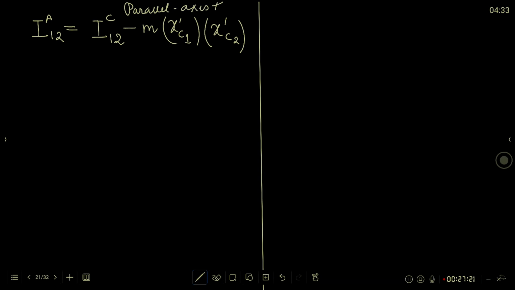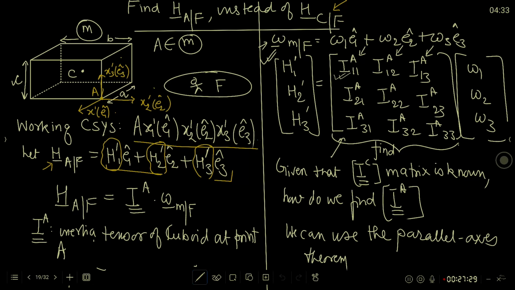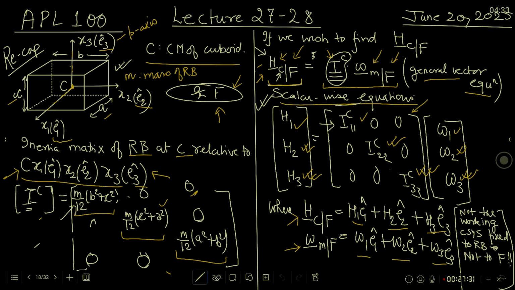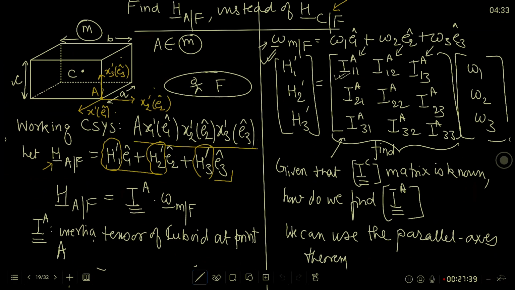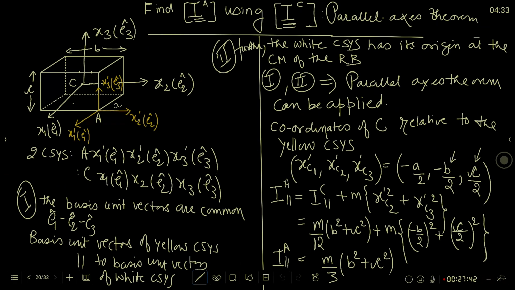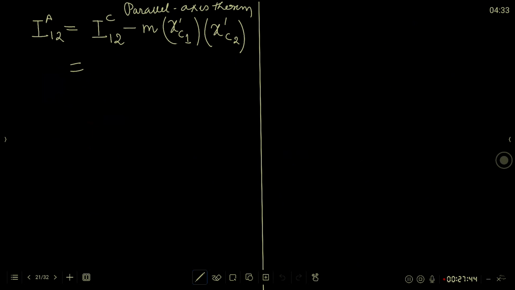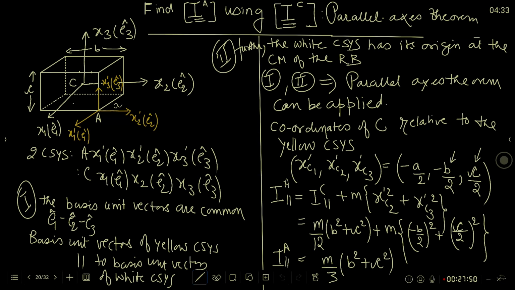What is IC12? Let's go back. IC12, which I found yesterday, is 0. That will not contribute anything to IA12. How about this? What are the coordinates of the center of mass of the body relative to the yellow coordinate system?